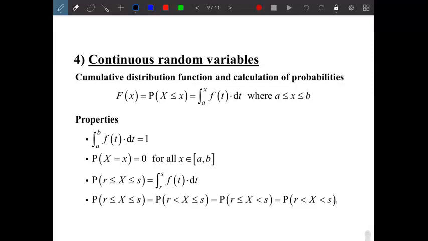Now, the probability of the random variable being equal to one value, so the probability of capital X equals x, is 0 for all x in the interval. Now, over here, it's because this variable consists of continuous values.